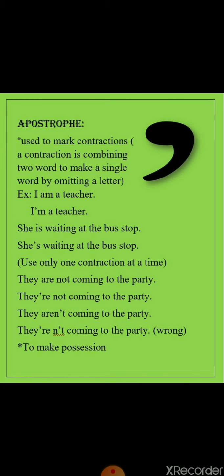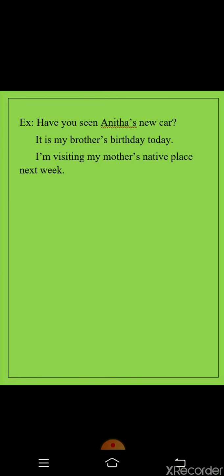So we use apostrophe when we mark contractions. Second way where we can use apostrophe is to make a possession, or when we tell about the ownership. For example, have you seen Anita's new car? Anita's, it is her possession.